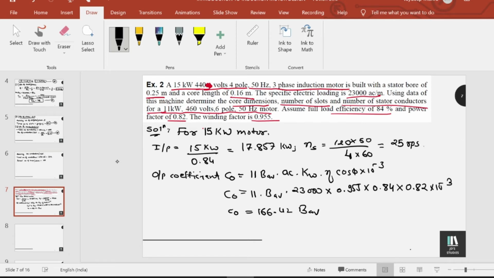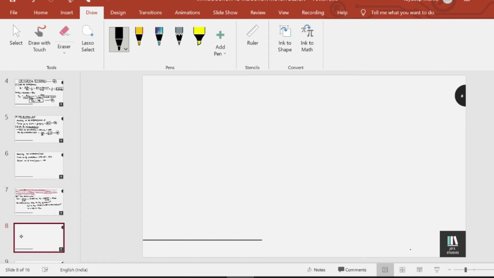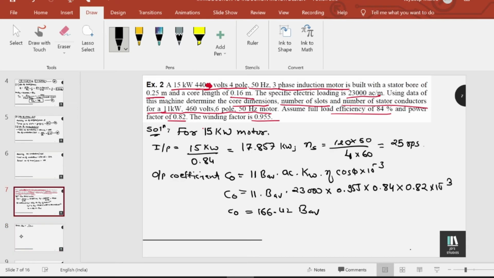Now what is the value of Bav? Bav is equal to, we assume the coefficient value as 60, C0 divided by 166.42.